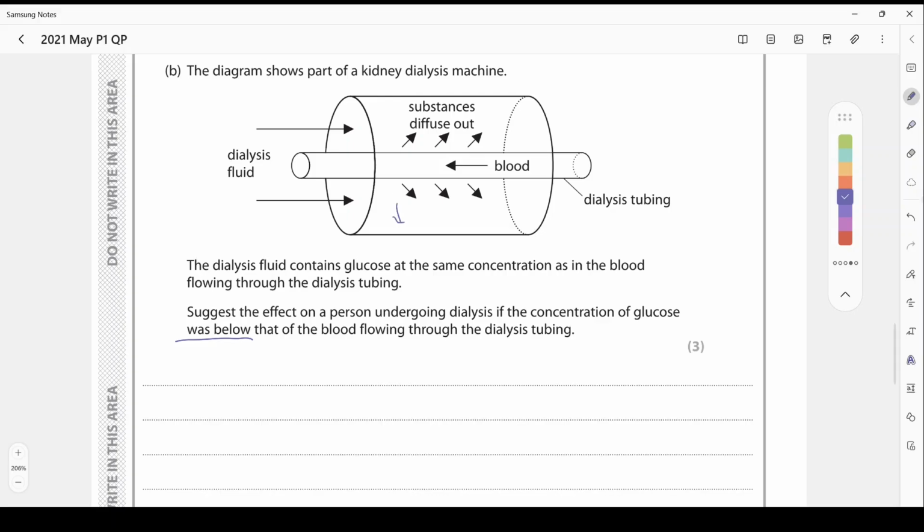So if you have low levels of glucose in the dialysis fluid and higher concentrations of glucose in the blood, the glucose would diffuse from the blood to the dialysis fluid. How would that affect the person? Well, if they have less glucose in their blood, then there is less respiration happening and therefore less energy. So let's write that down.